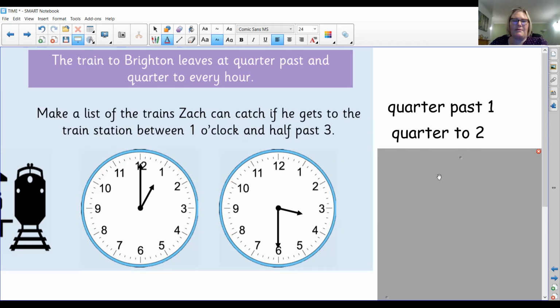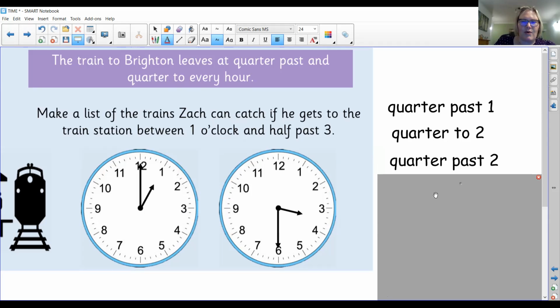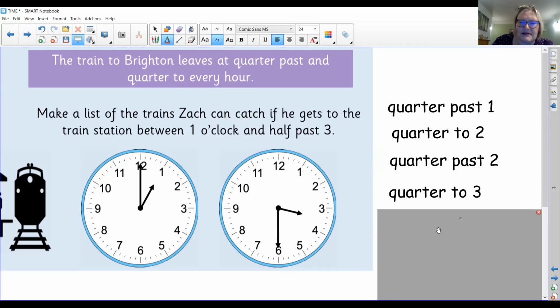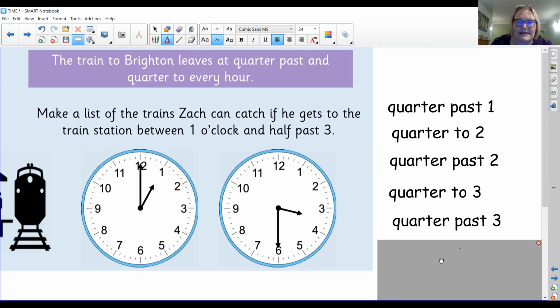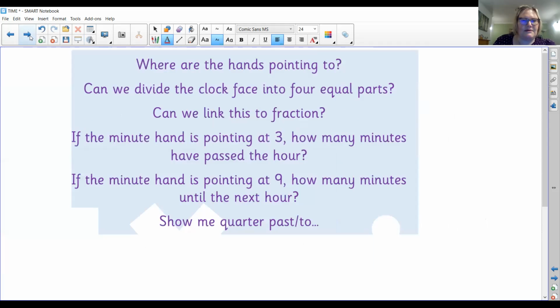Okay, because it's not coming on the half times, it's just the quarter to and the quarter past. Next one will be 2:15. Did you get these right? And then it would be 2:45. And then he can get the 3:15, can't he, as well? So those are the times that he would be able to catch.